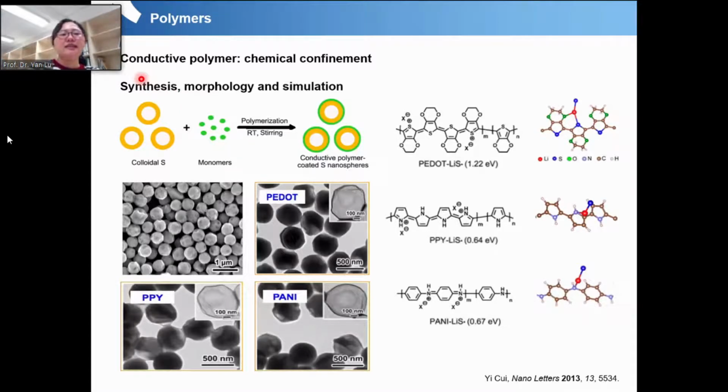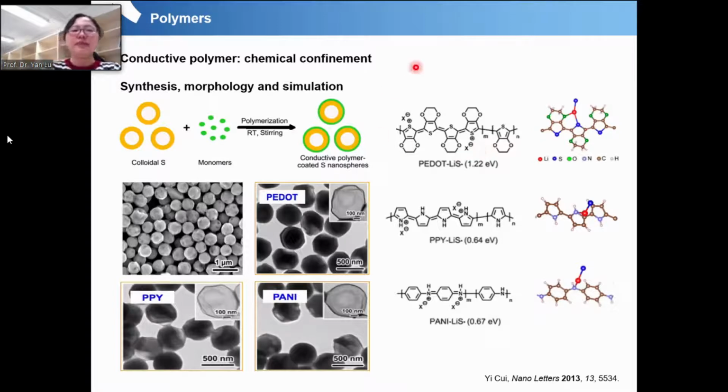In this case, they want to coat this hollow sulfur particle with a conductive polymer. Here they do DFT calculations to calculate the binding energy between the conductive polymer and the polysulfides, and they show you do have a strong affinity between the conductive polymer and these polysulfides.